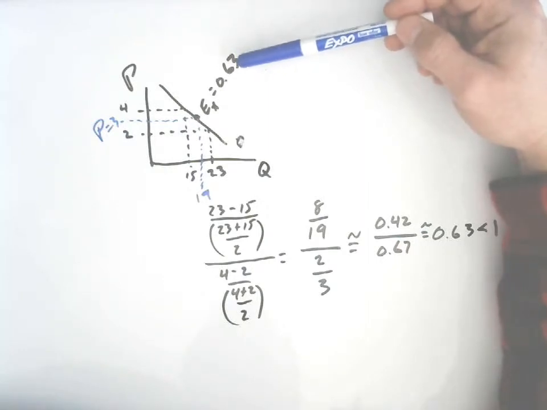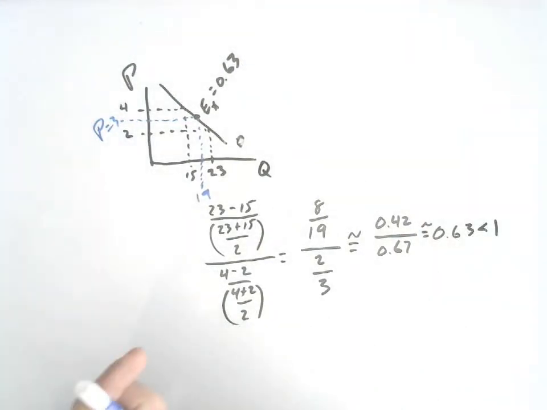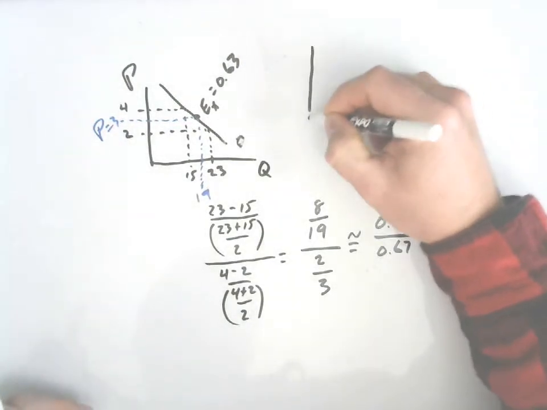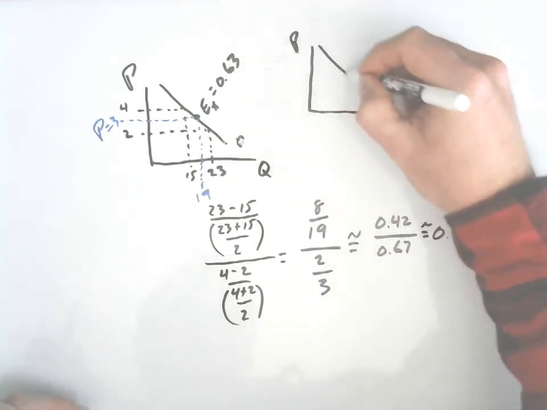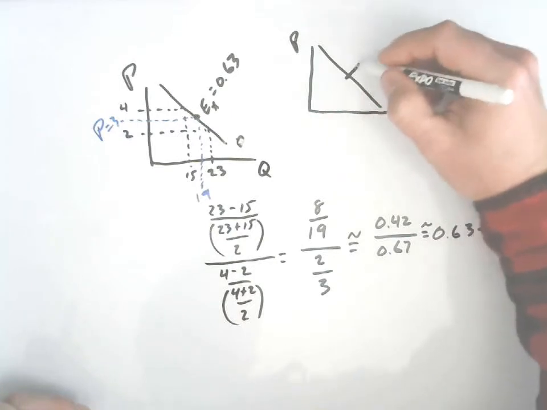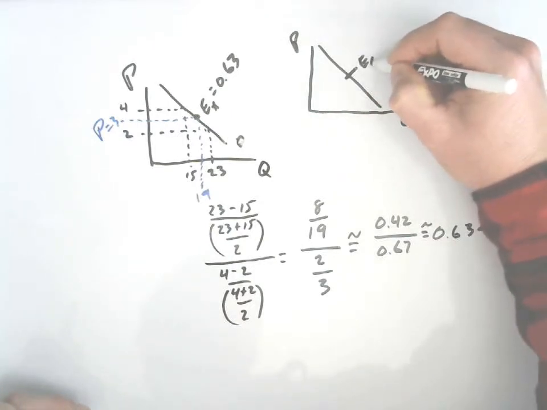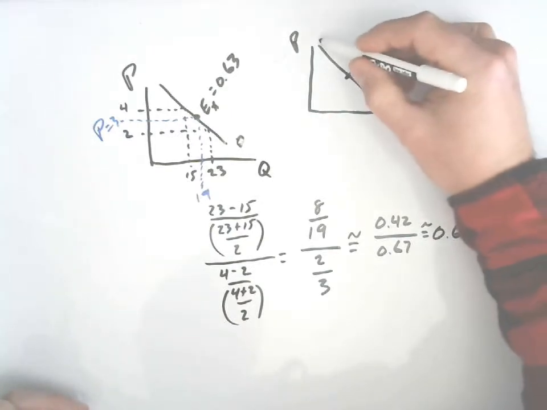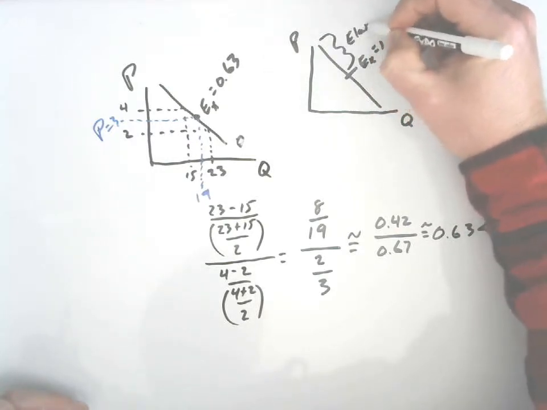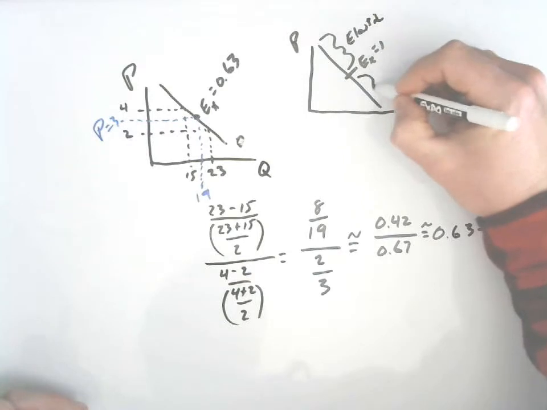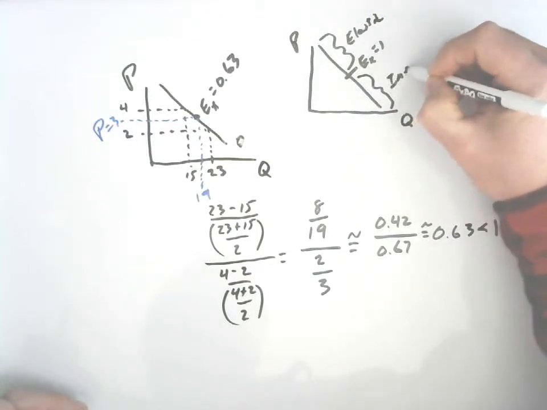And because the inelastic portion of a demand curve is below the unit elastic price level, remember this. If I've got a demand curve, the midpoint of that entire curve is unit elastic. Above that point is elastic, and below that point is inelastic.